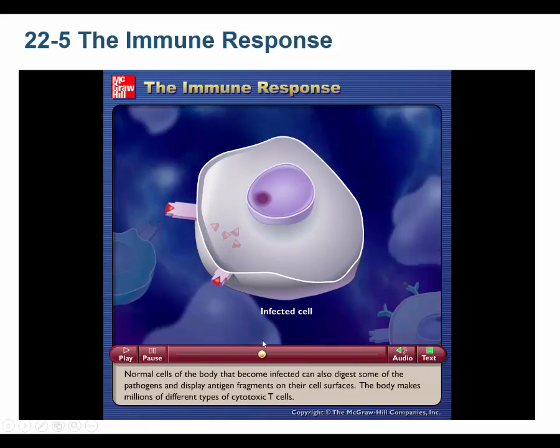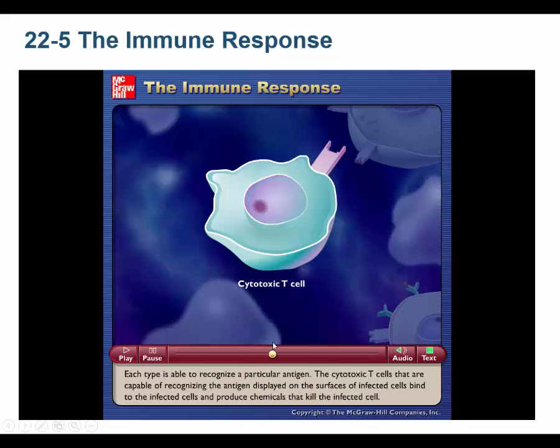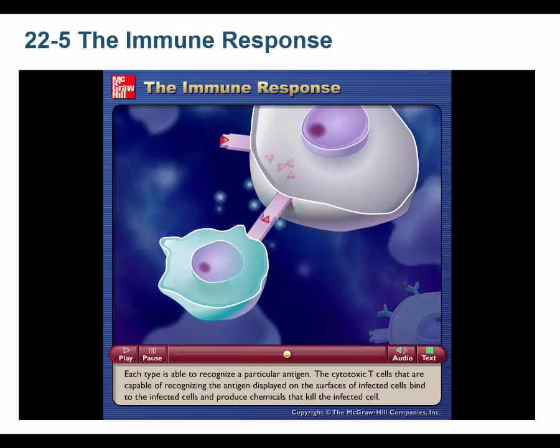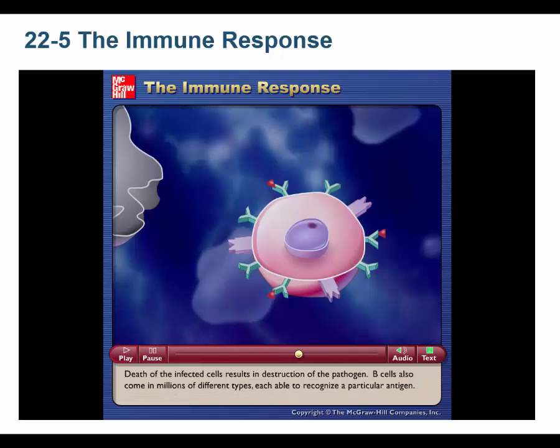So now you get a T killer that is a T cytotoxic. By the way, it's cytotoxic T cell or T cytotoxic. Back when I was an undergraduate student, we called these T killers, but now they call them T cytotoxics. And yes, we kill the cell.